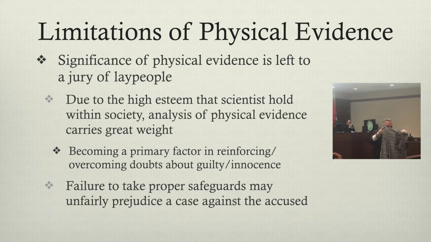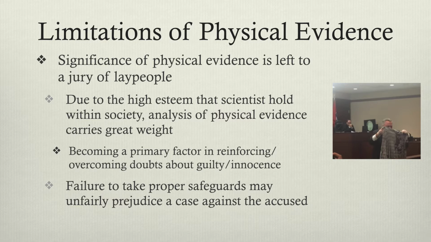The significance of physical evidence is really left up to the jury. And the jury is made up of lay people who are not specialists. Due to the high esteem that society holds scientists to, the analysis of the physical evidence carries a great weight for the jury, becoming a primary factor in either reinforcing or overcoming doubts about guilt or innocence within the trial.